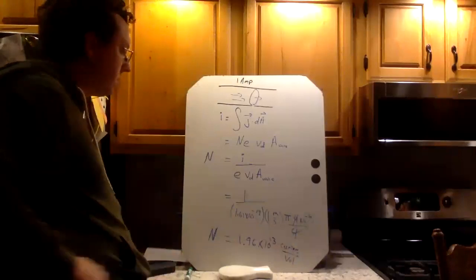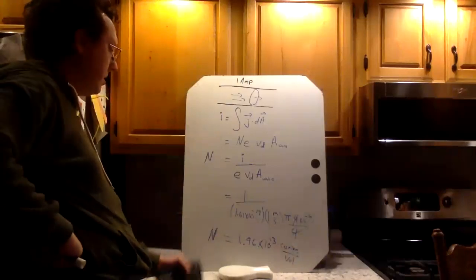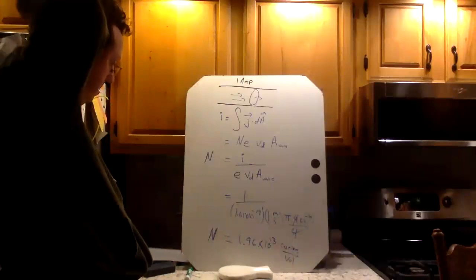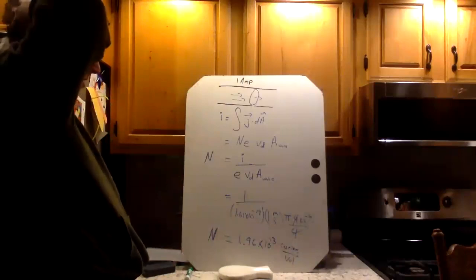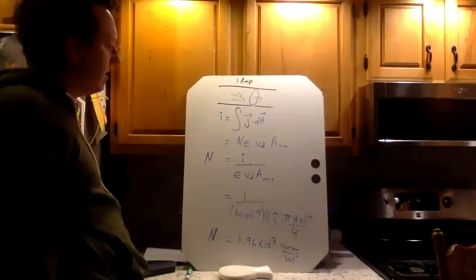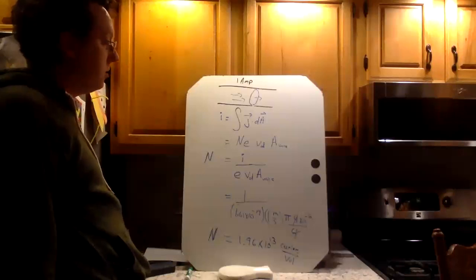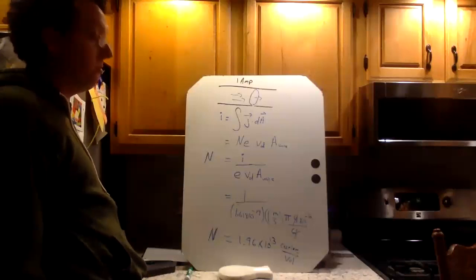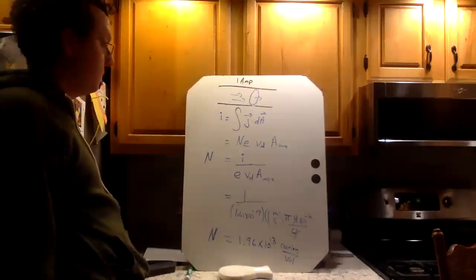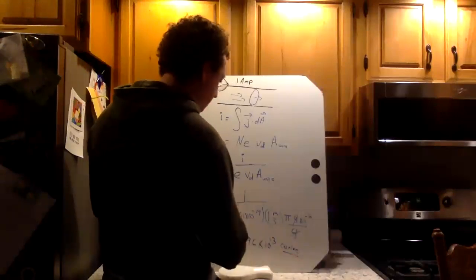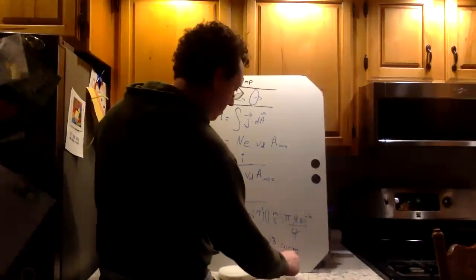So how can we estimate that? Well, I claim you should get roughly 1 charge carrier per atom. So this would be the number of atoms per unit volume, roughly. So it'd be carriers per meter cubed.